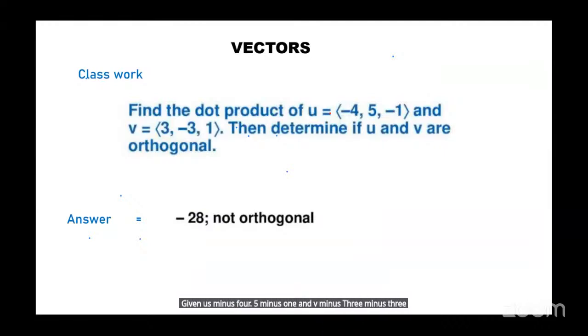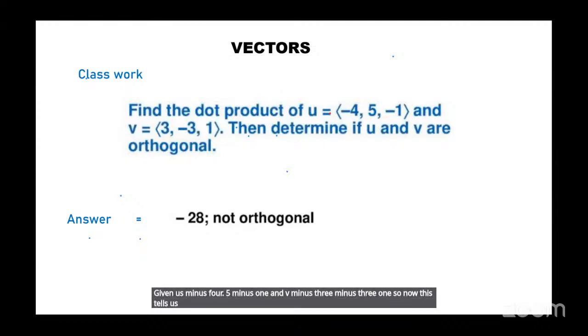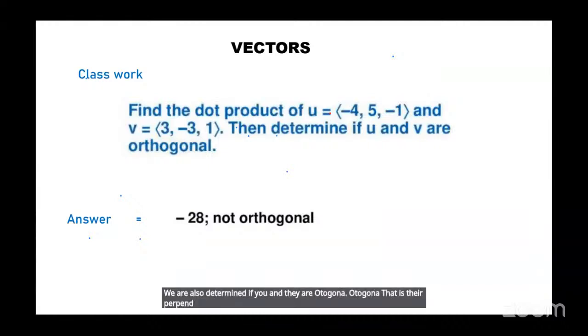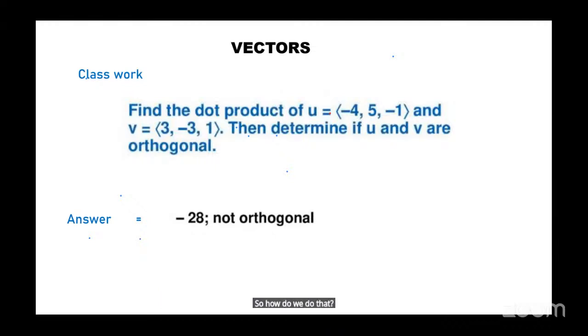So now this tells us that U and V are three-dimensional vectors. We are asked to determine if U and V are orthogonal. Orthogonal means that they are perpendicular, which is the angle between them is 90 degrees. So how do we do that?